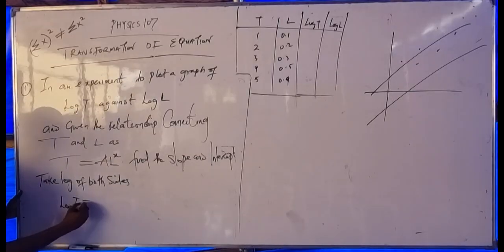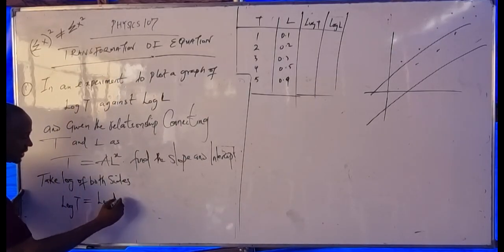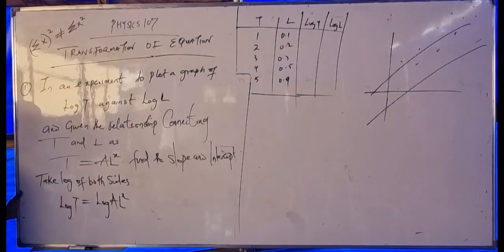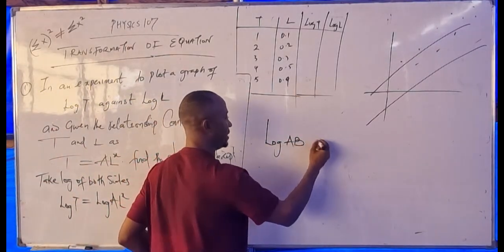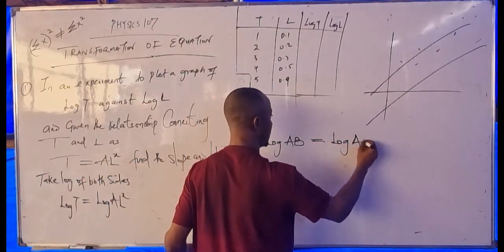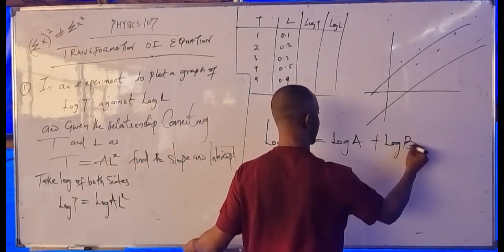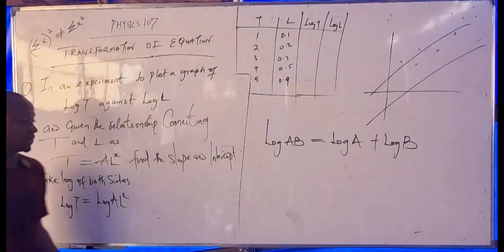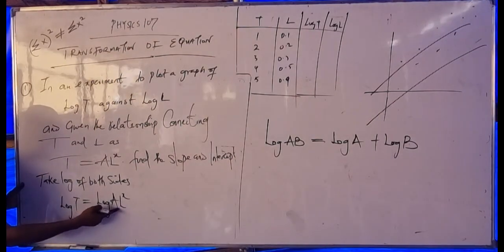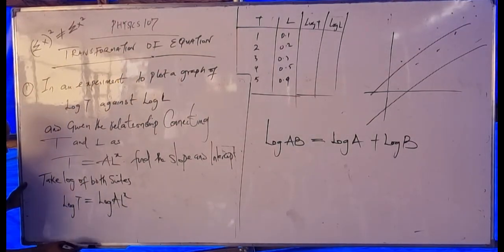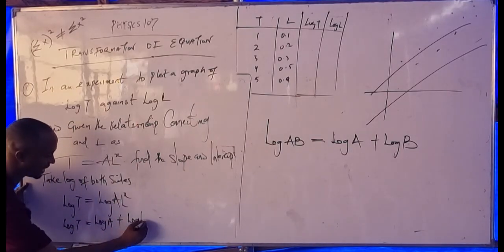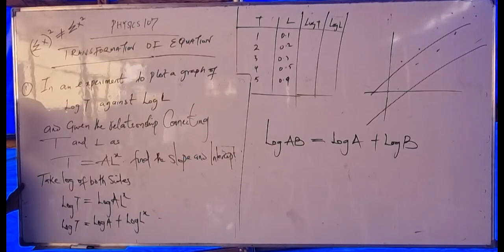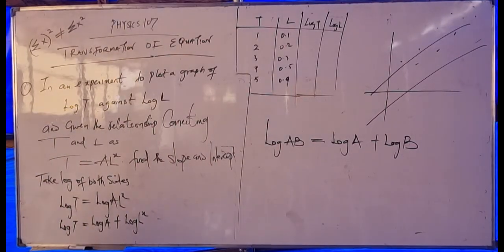Log T equals log A L to the power X. In logarithm, log AB is the same as log A plus log B. So this is log A times L. Here becomes log T equals log A plus log L raised to X. Are you getting this here? Okay.